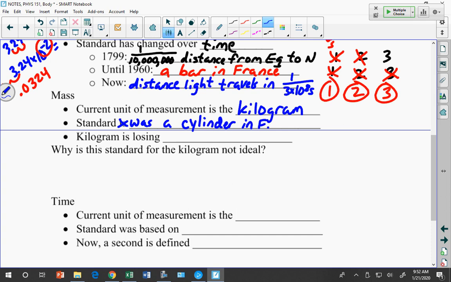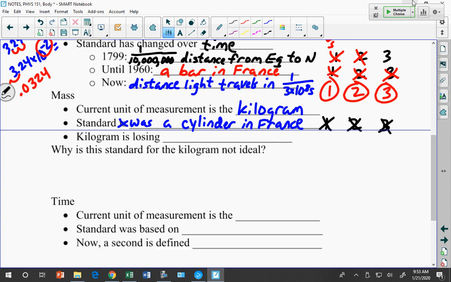It was like last November, I think, that they actually changed the standard. And this standard was not accurate. It was not unchanging. And it was not accessible.